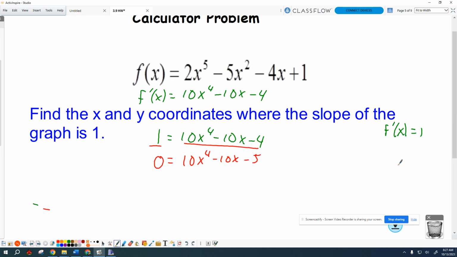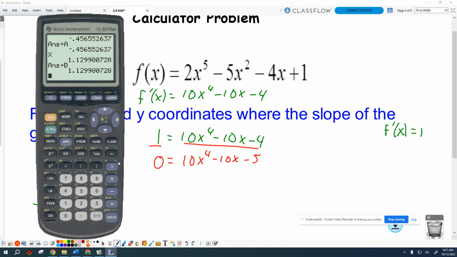Okay, so it said find the X and Y coordinates. I found the X coordinates. How do I find the Y coordinates? Plug it back in the top, right? Plug it back in. Okay, here's a trick you probably don't know. This vars button, it's variables. I want the Y variables, the function that I typed in. Ooh, I did not type in the function.